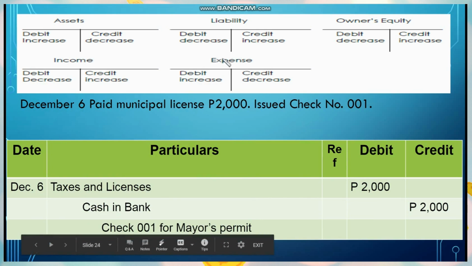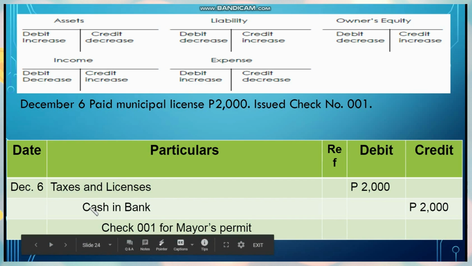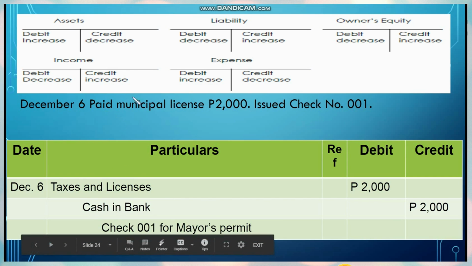An increase in the expense is recorded as a debit entry. So we debit taxes and licenses for 2,000 and then we credit cash in bank for 2,000. Taxes and licenses is debit because it's an increase in expense. Cash in bank is credited because that's a decrease in cash, a decrease in asset.